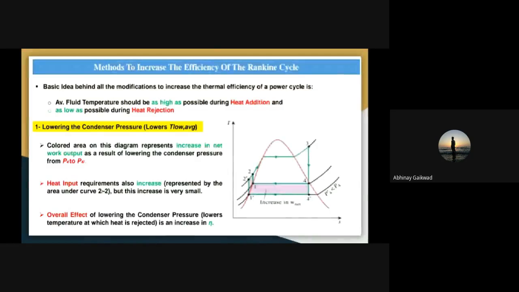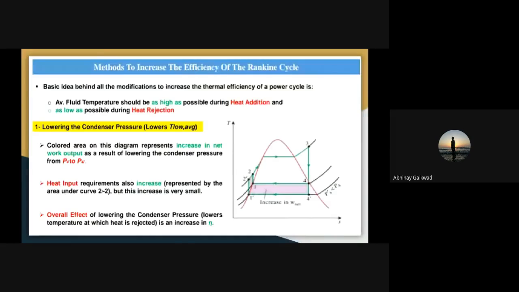This cycle means what? All the power plants will operate on this cycle only. So the basic idea behind all the modifications to increase the thermal efficiency of the power cycle is the same. What are the basic ideas? For the modification of the cycle, the purpose is to increase the thermal efficiency.